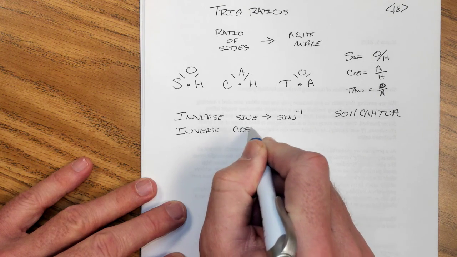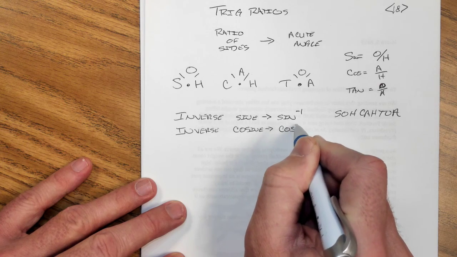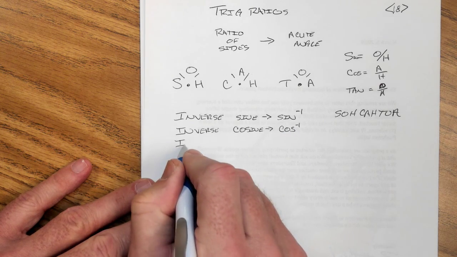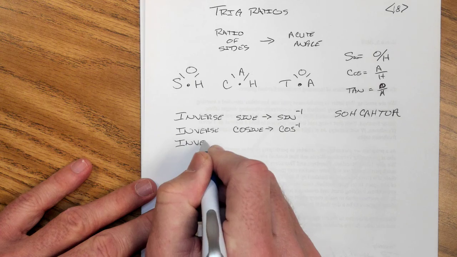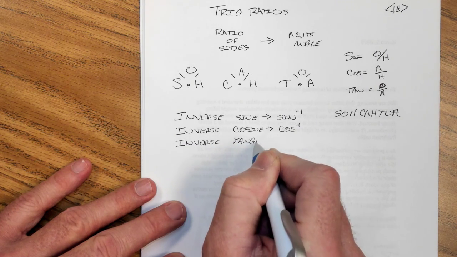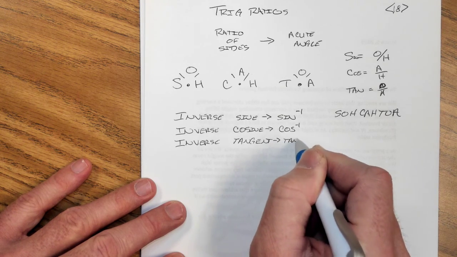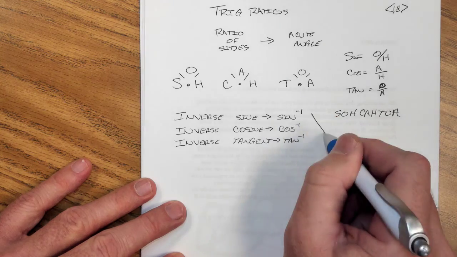Inverse cosine, -1, and of course inverse tangent, and that will be tangent -1.